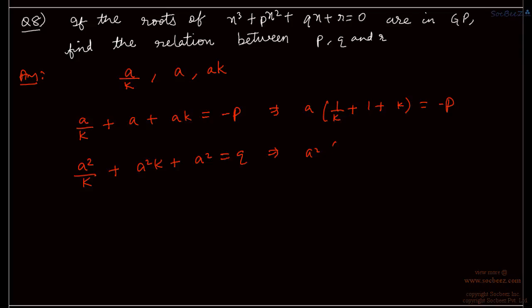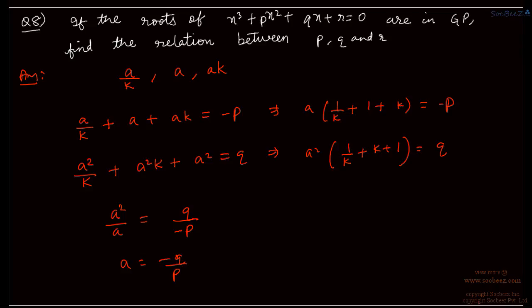Well, that gives us again 1 by k plus 1 plus k equal to q by a squared. Right? Now, we see that we have this k, we can now remove k from these equations. So dividing one equation by another, we have a squared by a equal to q by minus p, or a equal to minus q by p.